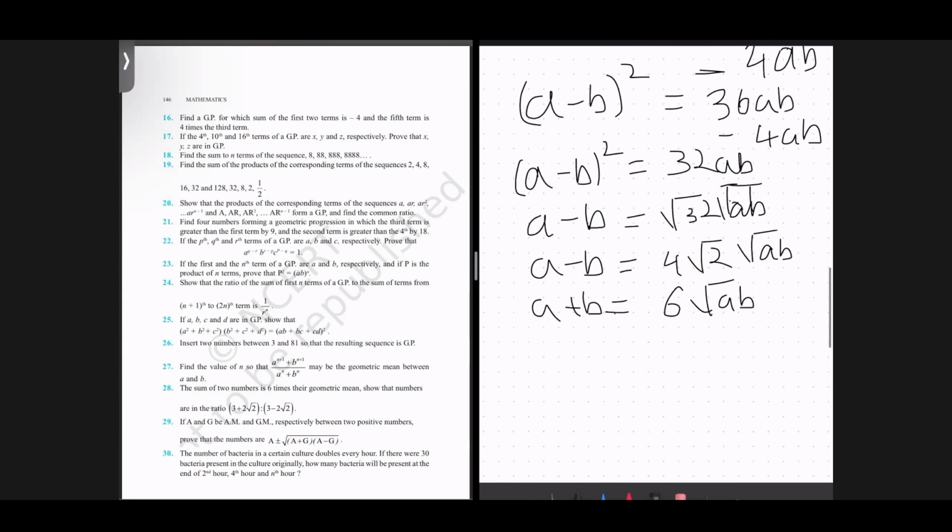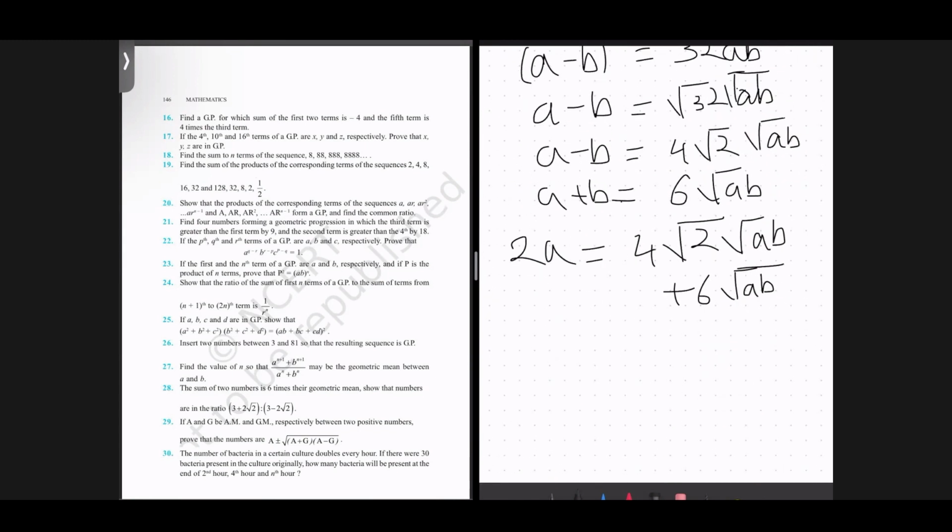So to find the value of a, I'm going to add these both equations up. I now have 2a equals 4 root 2 root ab plus 6 root ab. Dividing both sides by 2, you get a equals 3 plus 2 root 2 into root ab.